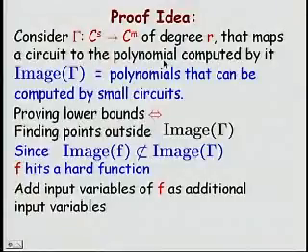I mean that in the image of f there is a point that corresponds to a polynomial that is hard to compute. So that's it. I don't really want to do the proof or talk more about it. It's just the proof idea, and this is what gives the result.